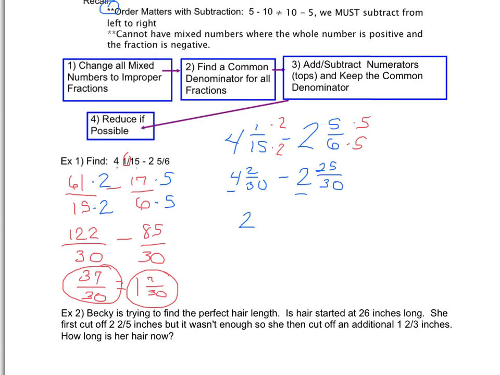Well, I know if I have 2 and someone takes 25 from me, I'm in the hole, a negative 23/30. And according to this, again, I cannot have positives and negatives together. I cannot have a whole number that is positive with a negative fraction. So this does not work. It is not the correct answer. And the only way I could get to that result is by changing 4 and 1/15 and 2 and 5/6 to an improper fraction first.